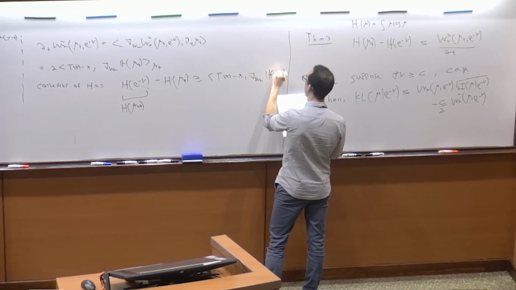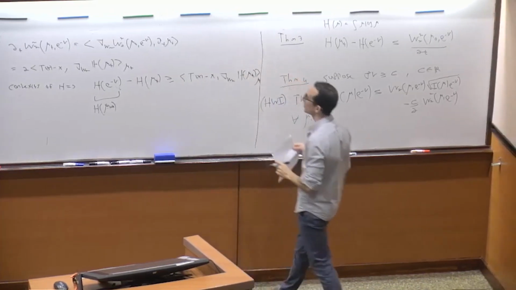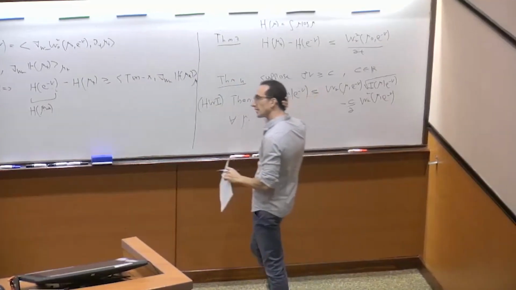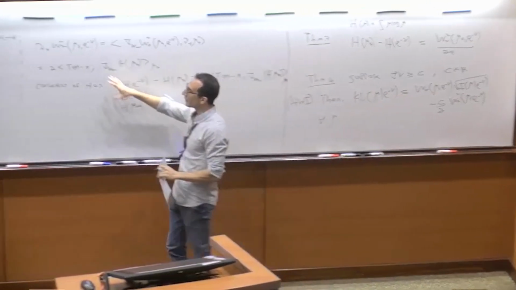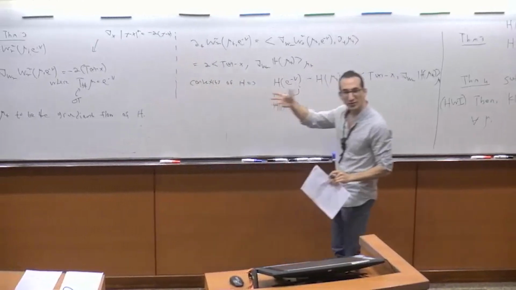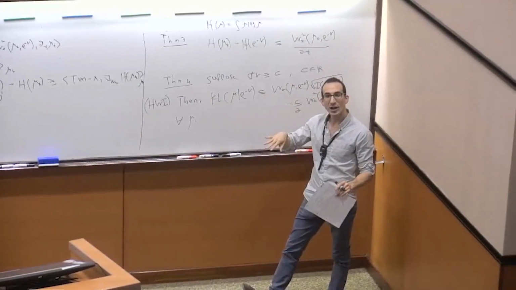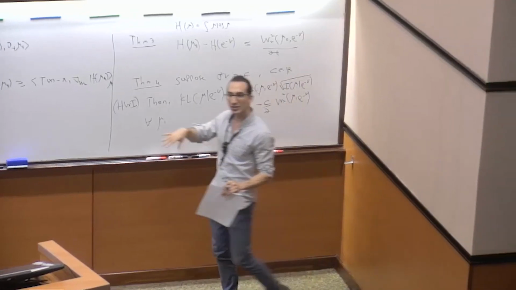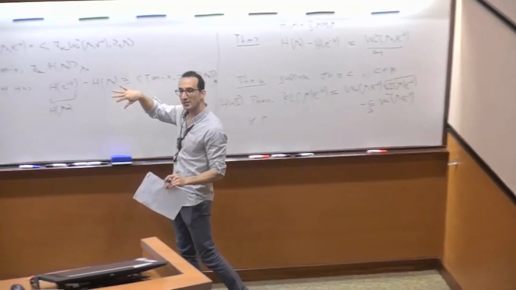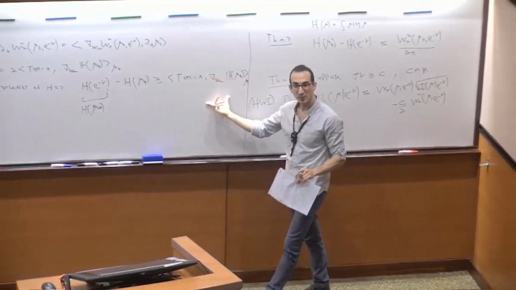So remember, this is a computation that Sinho showed, or rather stated, that the definition of convexity has a number of equivalent definitions, just like in Euclidean space. One of them was the tangent line definition, that the convex function has to be above its tangent line, and that's what's written here.